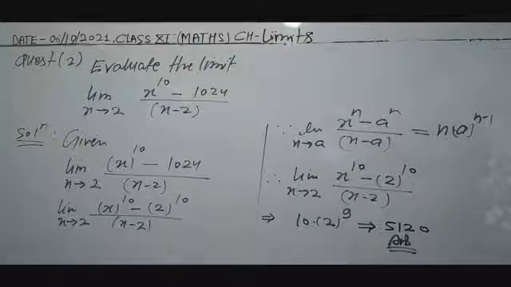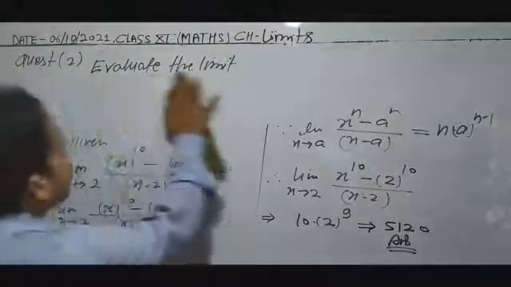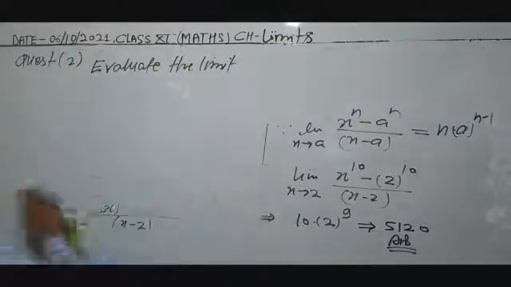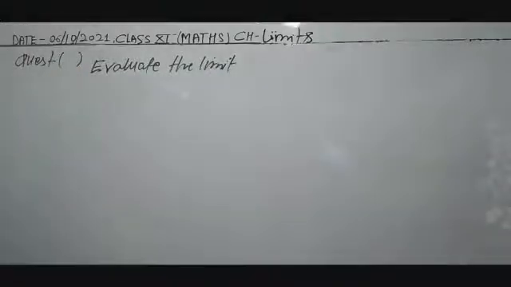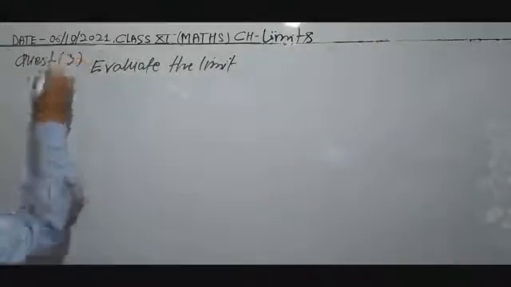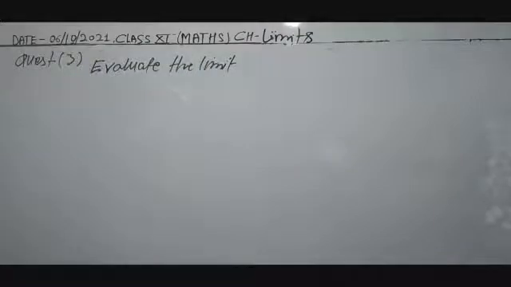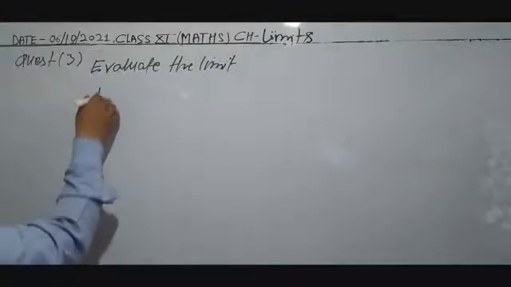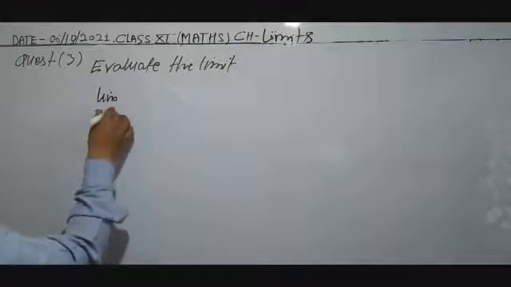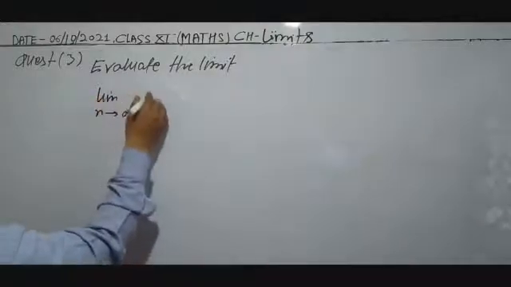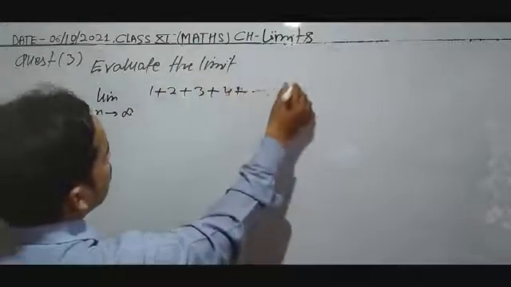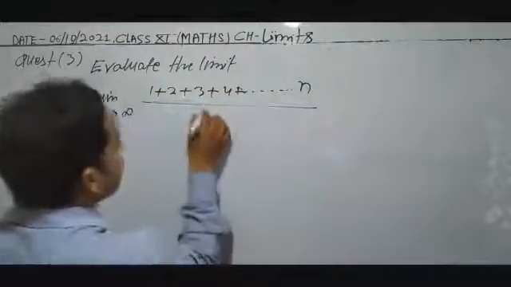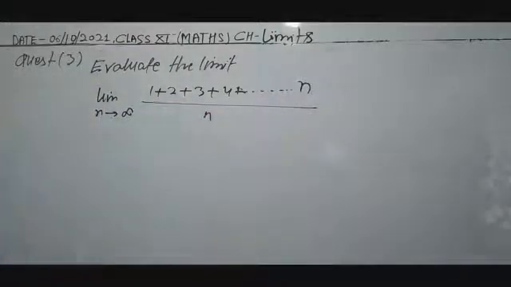So see, question number 3 is: evaluate the limit n tends to infinity, (1 plus 2 plus 3 plus 4 up to plus n) whole upon n. We have to solve.